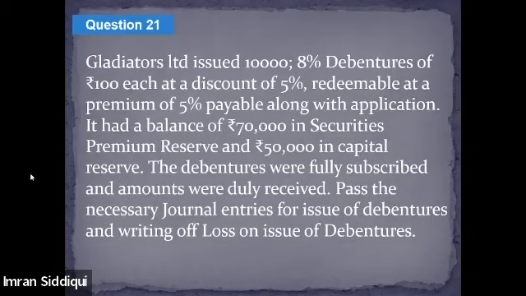Okay. Good job. Security premium reserve account debit to discount on issue of debenture account, to loss on issue of debenture account. Right. 1,00,000 and 50,000. Okay. Could you please repeat that again?